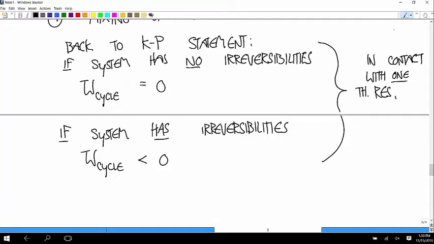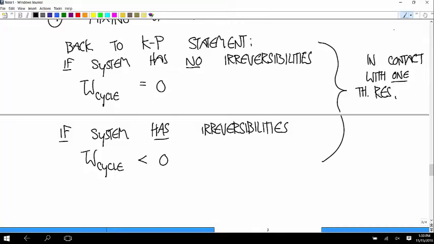So that's just being clear on what I've already written a couple times, but that's the mathematical form of the Kelvin-Planck statement.